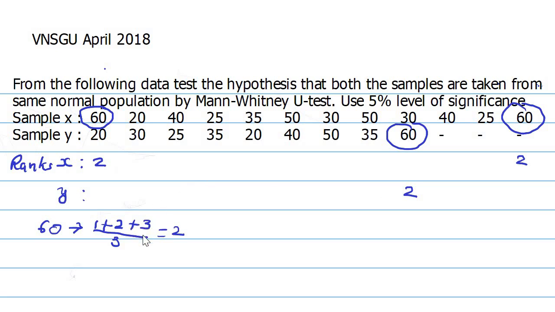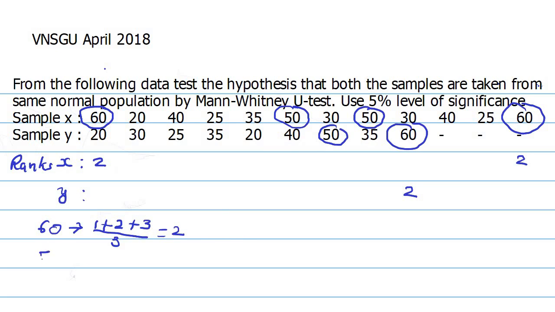Second largest observation in this example is, I think, 50. And see how many times 50 is appearing in this example. So here 1, 2, 3, and that's all. I think 3 times we are observing 50.